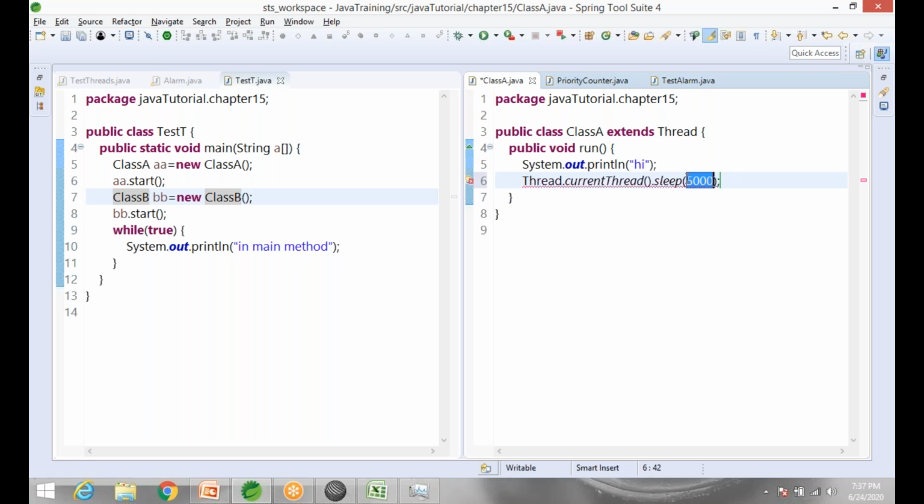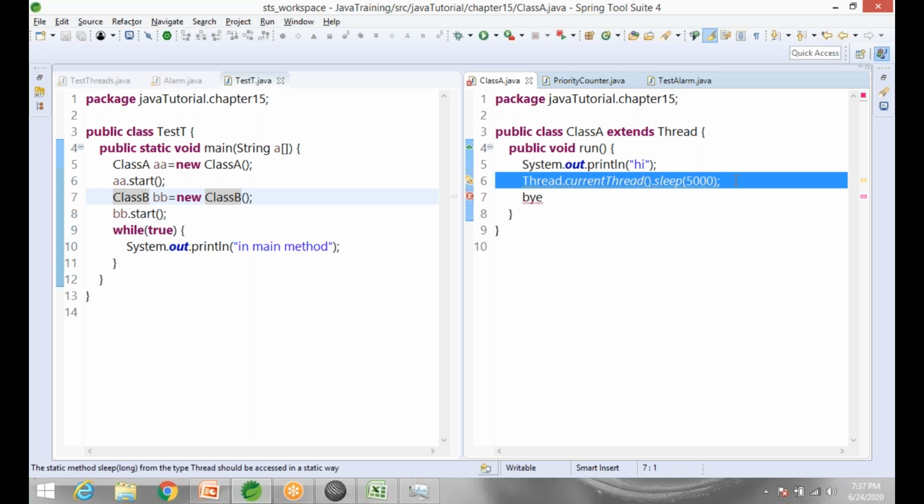So what is 5,000 milliseconds? 5 seconds. Okay, so what I'm going to do is put this program, the class A, in a sleep mode. Sleep meaning wait, timed waiting. It will just sit idle for the next 5 seconds and then it will print bye.